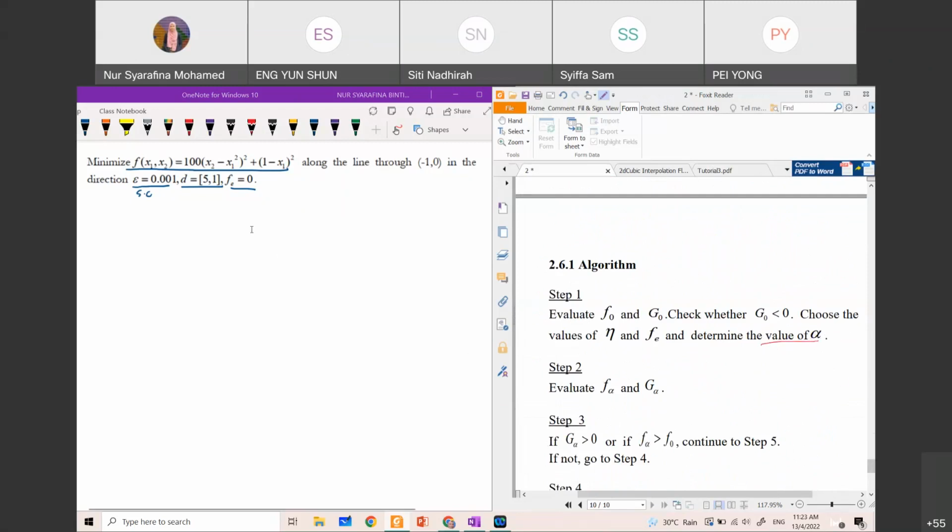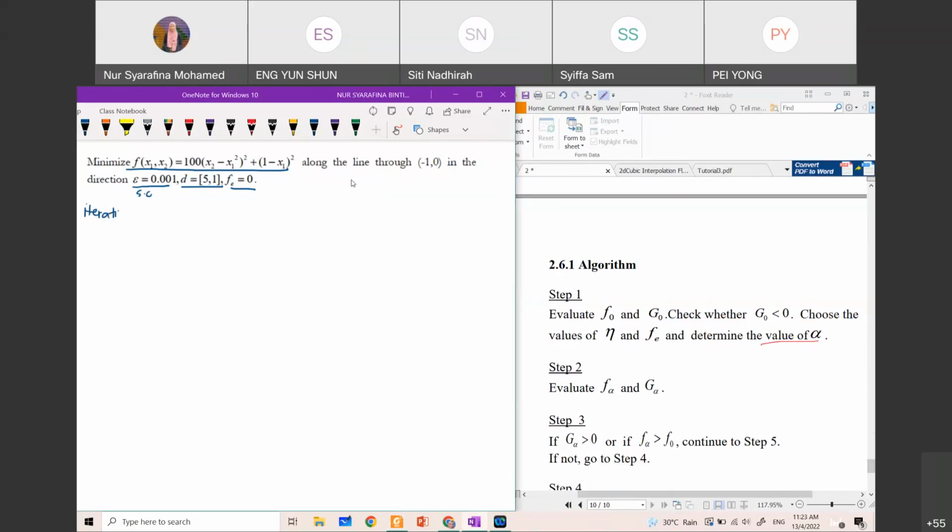So in our first iteration, you use x0, f0, g0. So let's start with iteration 0.